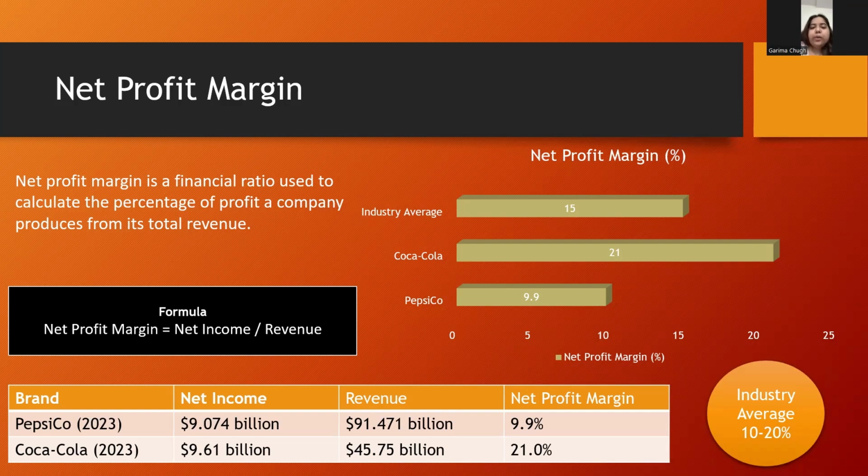Coca-Cola is well within the industry range of 10 to 20%, whereas PepsiCo is slightly below the average. This suggests that Coca-Cola is more effective at controlling costs across its entire operation. So we conclude that Coca-Cola leads in this metric as well, showing stronger overall profitability.